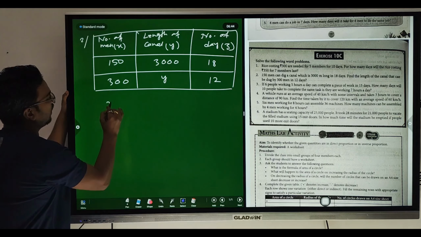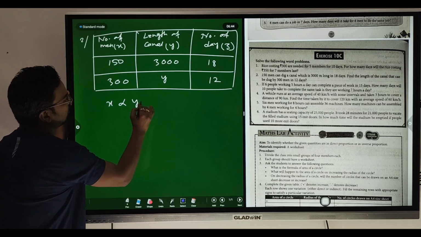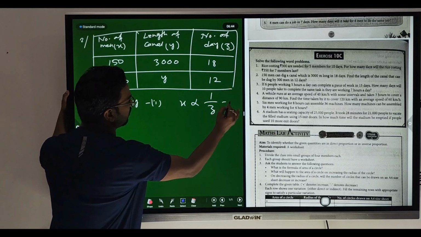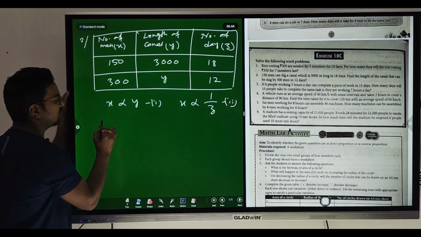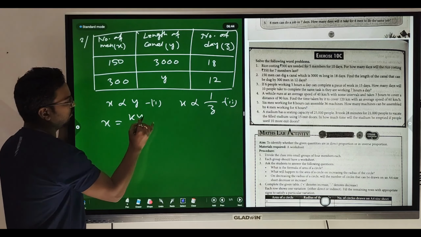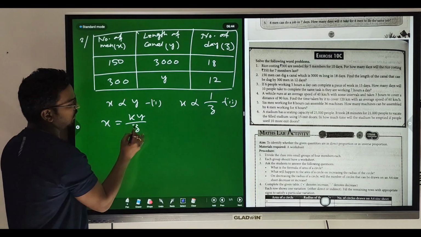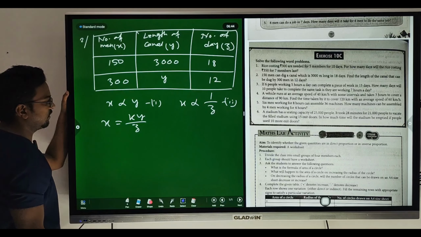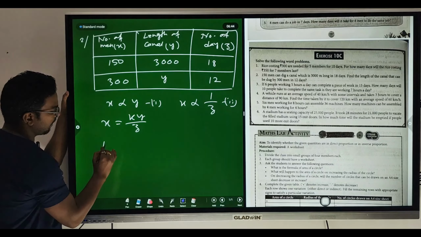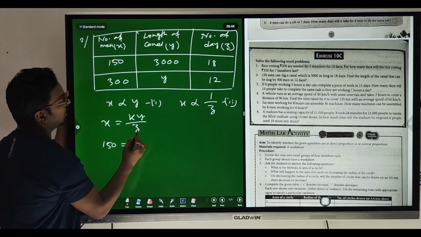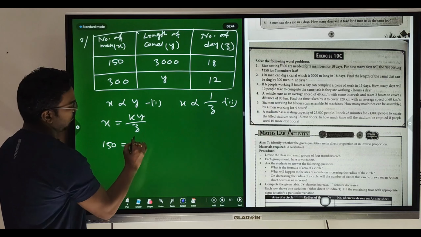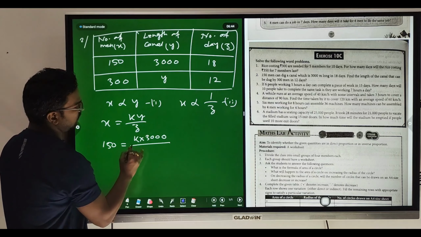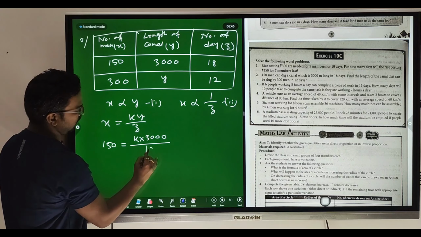So we know that x is directly proportional to y and x is inversely proportional to z. So this can be written as x equals ky by z. So here you replace the values. 150 equals k, we don't know k, and y is 3000 divided by z, which is 18.